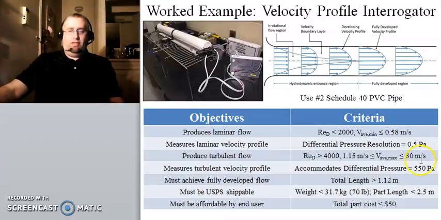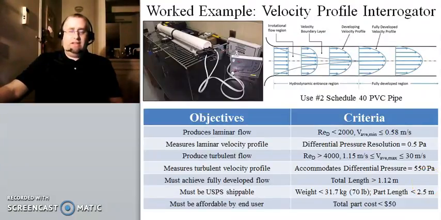So up at 30 meters per second, I end up with a differential manometer pressure of 550 pascals. So I'm going to need to accommodate both this very low pressure for laminar flow and this very high pressure for turbulent flow. I know the development length is about 1.12 meters.